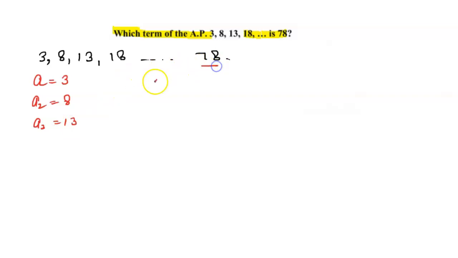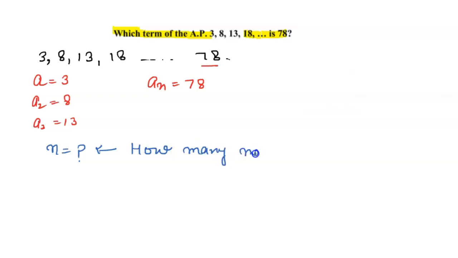That means the last term an is equal to 78. In this question we need to find the value of n, that is, how many terms.